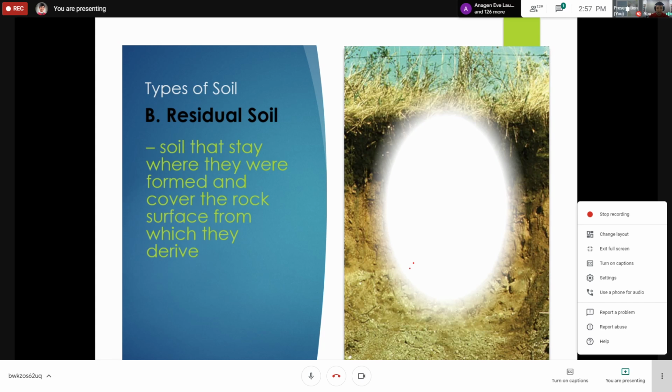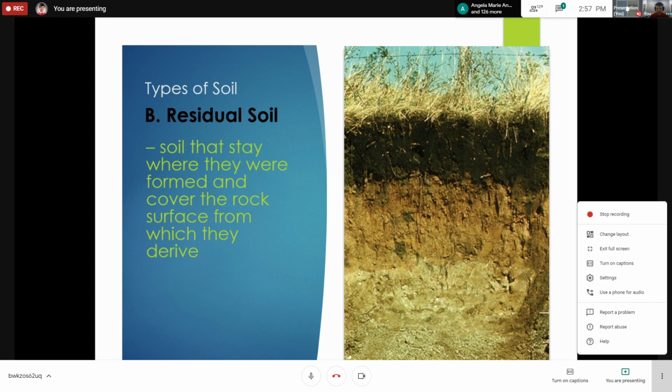So next is the residual soil. These are soils that were created above the soil from which they derive. In this picture, this particular layer is the soil. This one is also considered soil. But the first layer is more exposed to the elements, for example, layer 1.